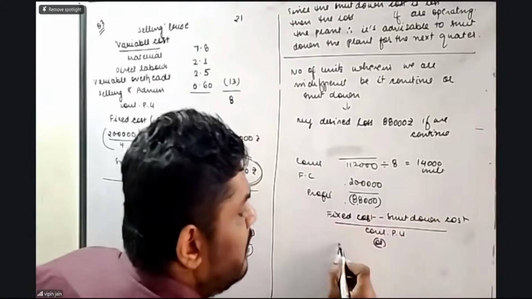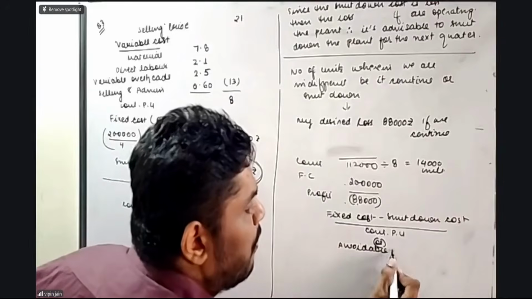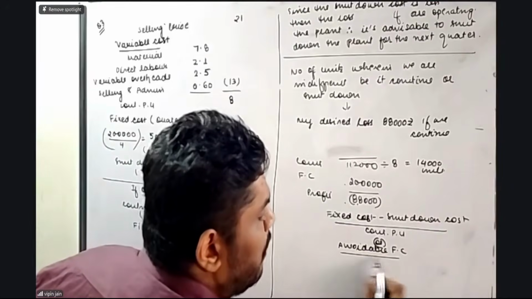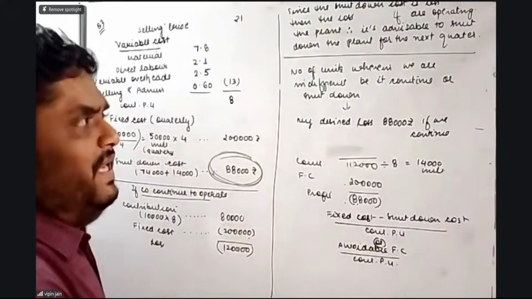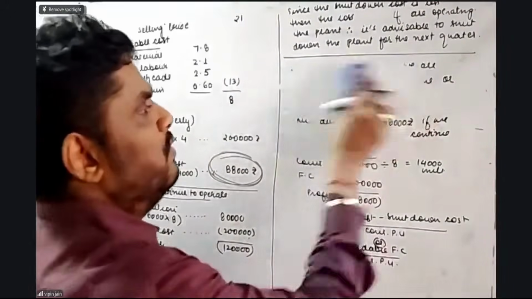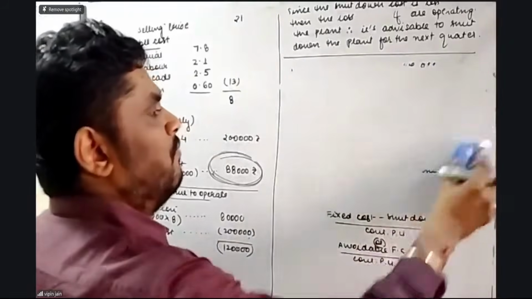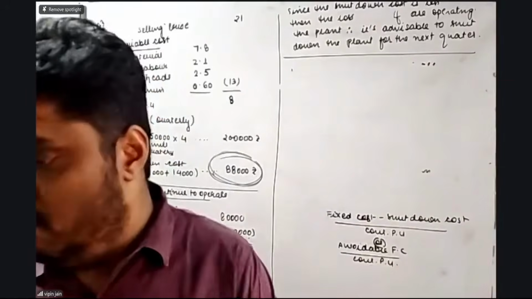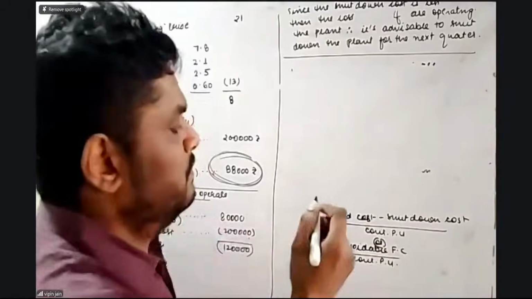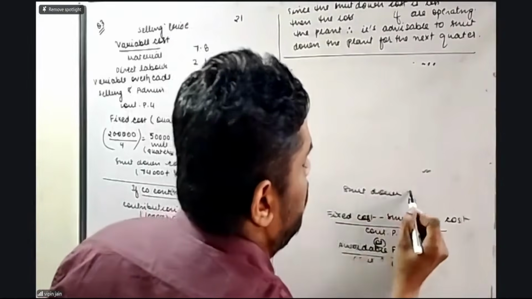So we can say avoidable fixed cost divided by contribution per unit. There are many ways to calculate. It's up to you. So this is the formula for the shutdown point.